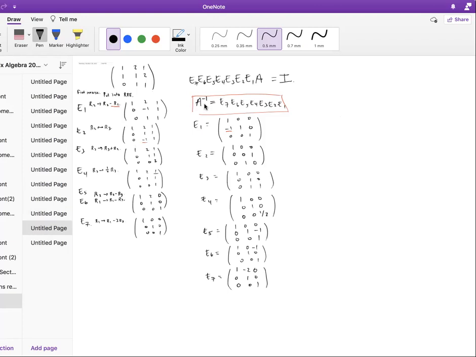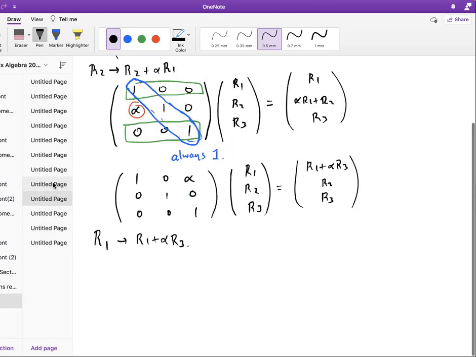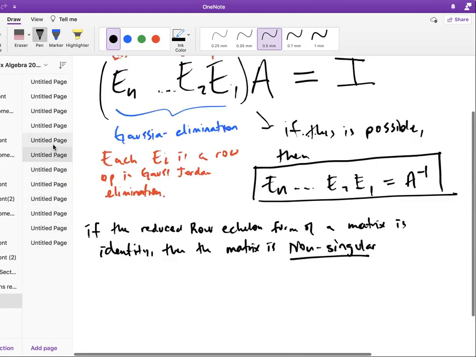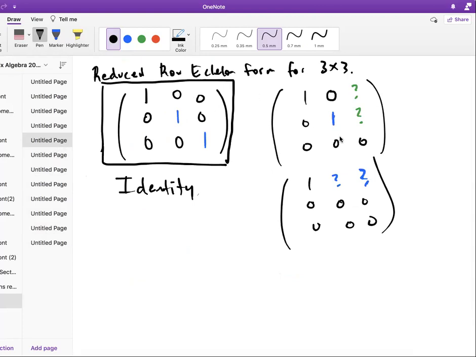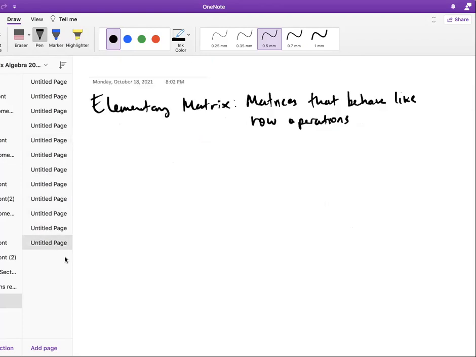But the converse isn't necessarily true yet, but it will be. So in those other cases, like these cases, it'll turn out that it won't have an inverse.